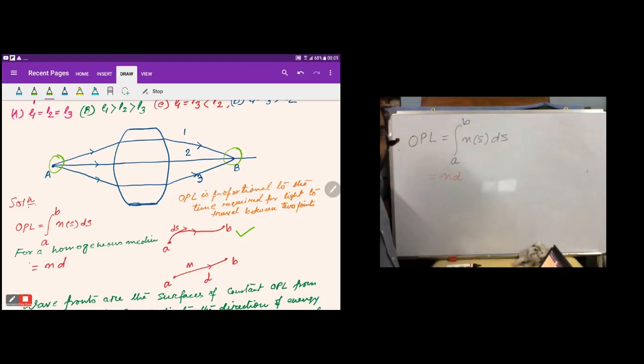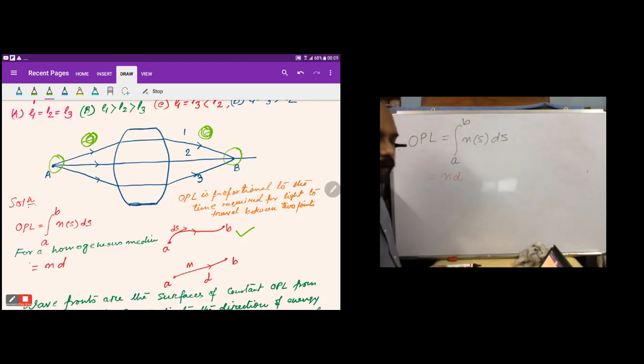There is a medium of refractive index, say, N, and outside it is air. So optical path length is ND through the lens, plus we can also add this side and this side.